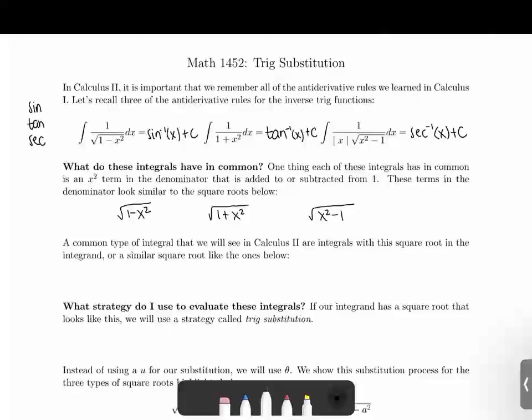Anytime we see an integral that has one of these square roots, we can immediately associate in our head that this first square root has something to do with sine, the second one has something to do with tangent, and this third one has something to do with secant, because we remember the antiderivative rules from Calculus 1. The terms with x squared added or subtracted from 1 inside the square root are actually not going to be the terms that we see.